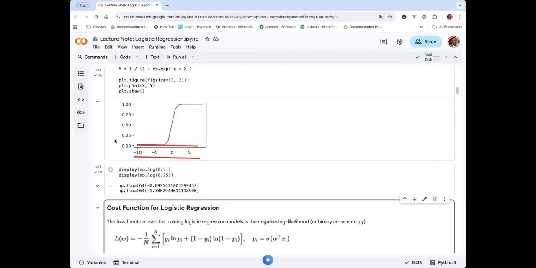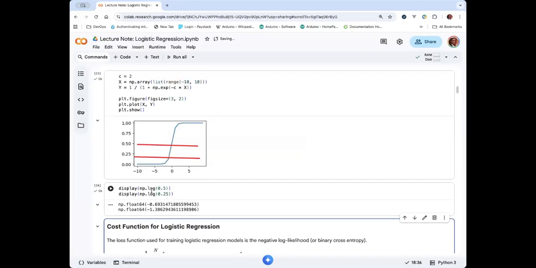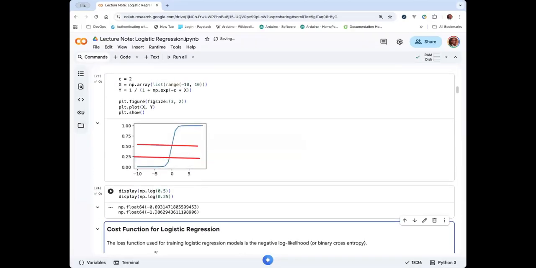So you will see that the log of 0.5 is minus 0.69. The log of 0.25 is minus 1.38. So which one has a higher absolute value is 0.25.